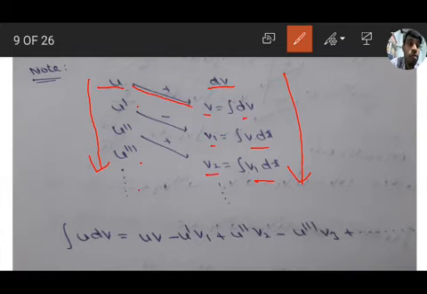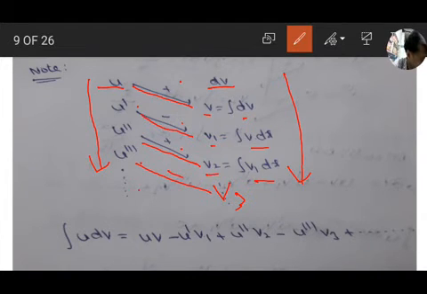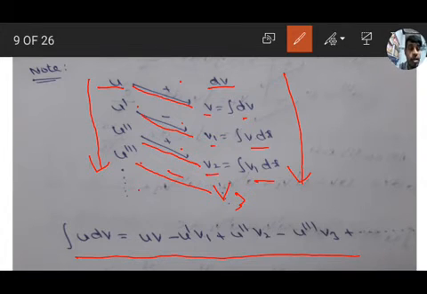Then u into v, u'v1, u''v2, u'''v3, with alternating positive and negative signs. So integral of u dv equals uv minus u'v1 plus u''v2 minus u'''v3 plus and so on.